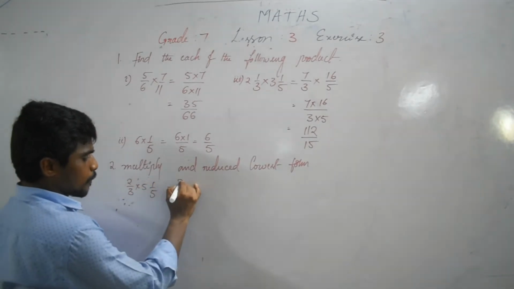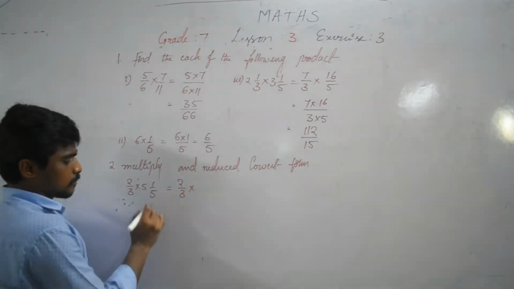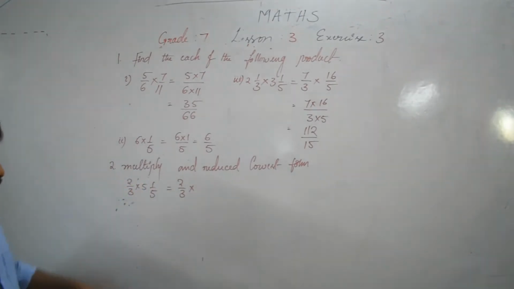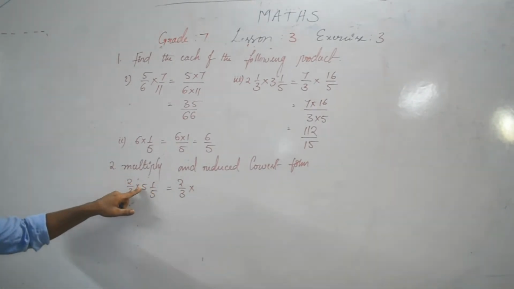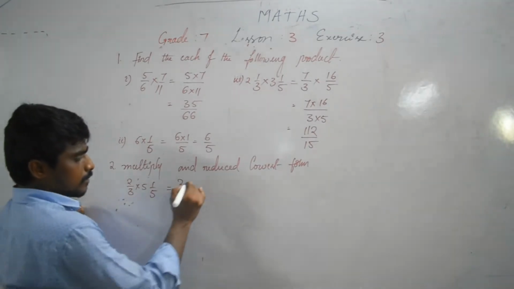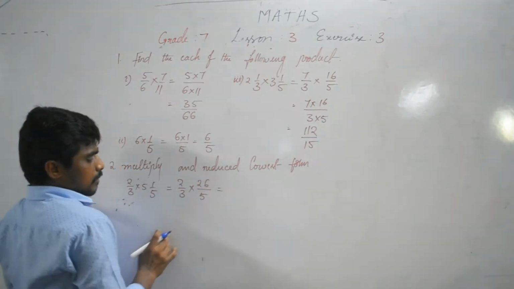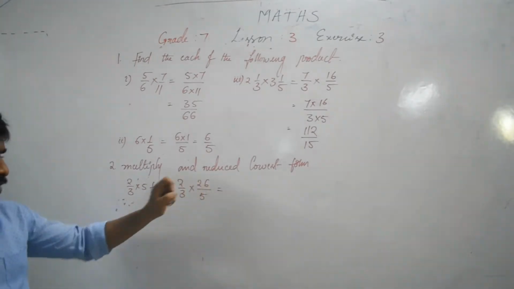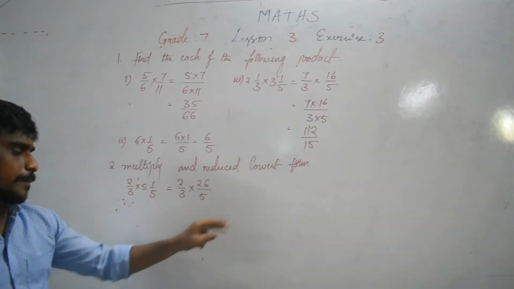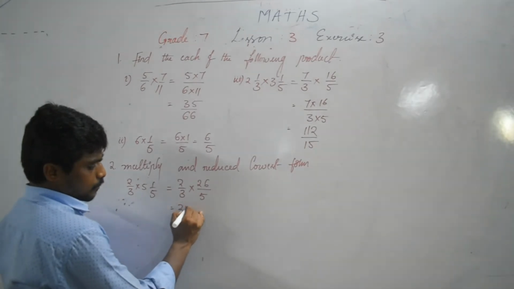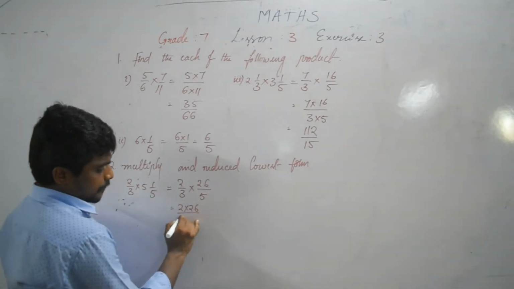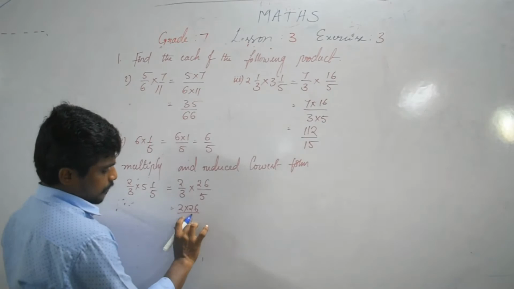So 5 5s are 25 plus 1, 26 by 5. Now numerators multiply, denominators multiply. 2 times 26, 3 times 5.